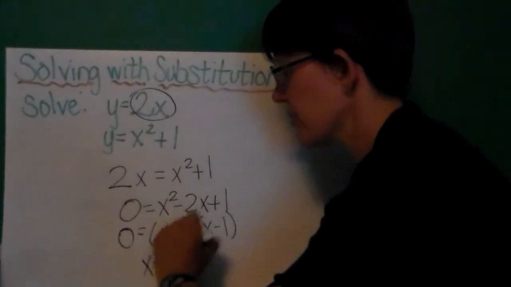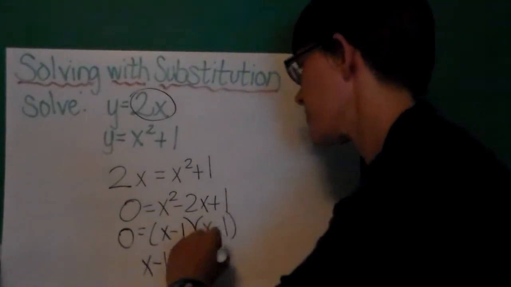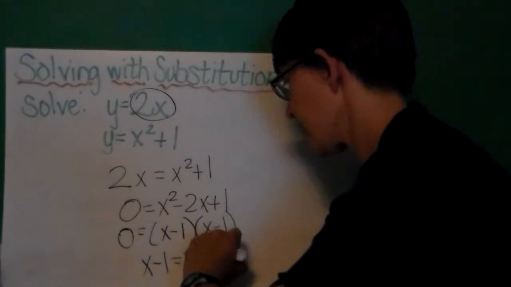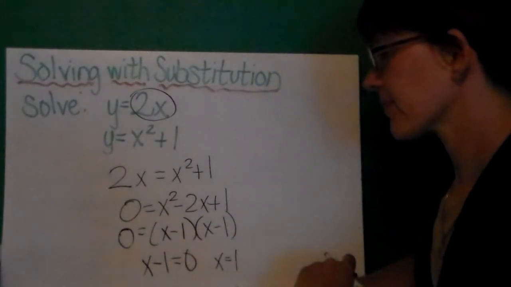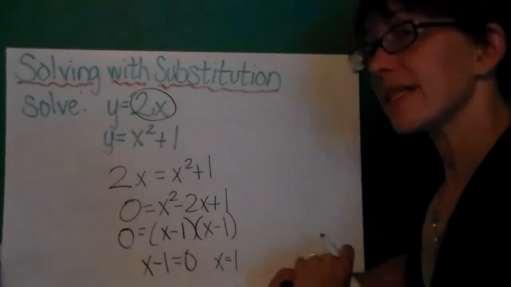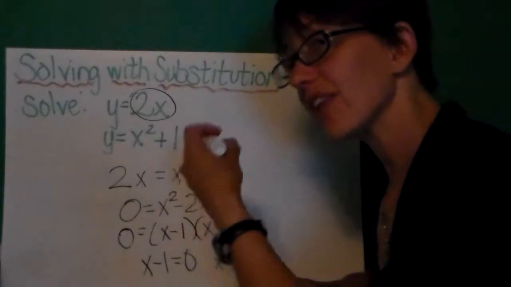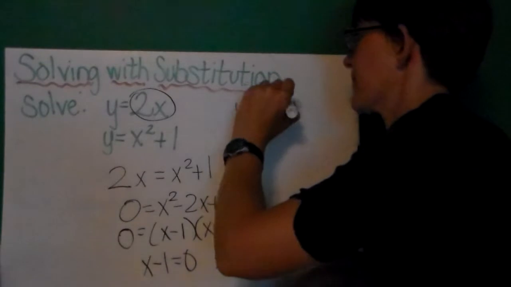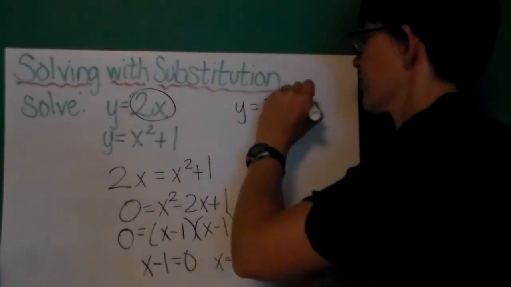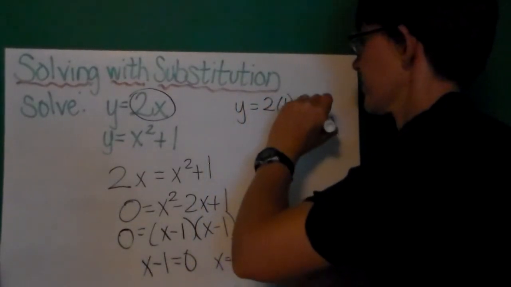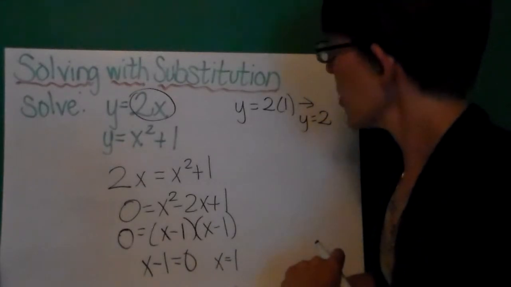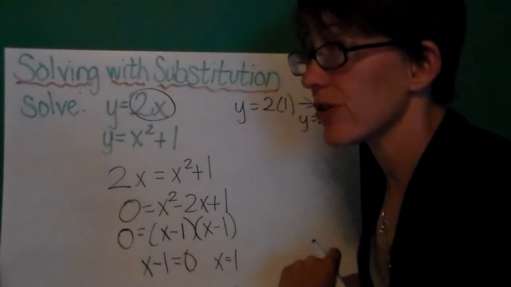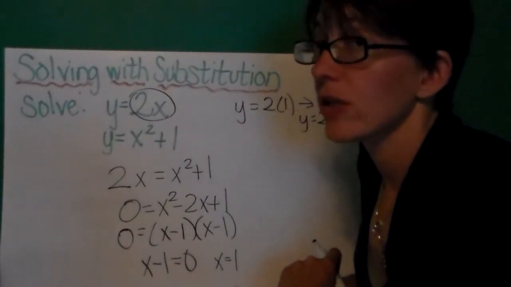Setting the first factor, and in fact the only factor, equal to 0, I'll get x equals 1. Okay, so if I substitute this into either one of my equations, it looks like my single point of intersection is going to be 1, 2.